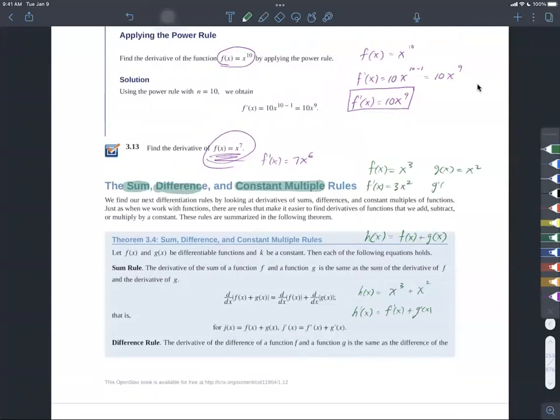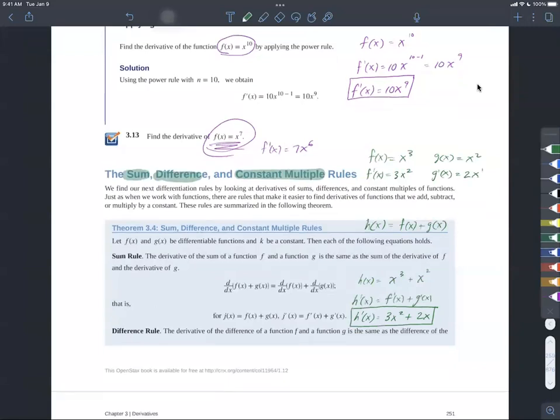And the derivative of g of x, which you can do right now with the power rule, is just 2x to the 1, or 2x. And so the derivative of h of x, called h prime of x, is equal to the derivative of f plus the derivative of g. And notice we just took the derivative of a more complicated function that had multiple terms by just taking the derivative of each individual term.